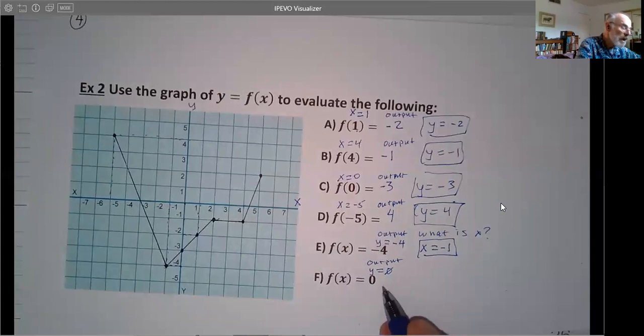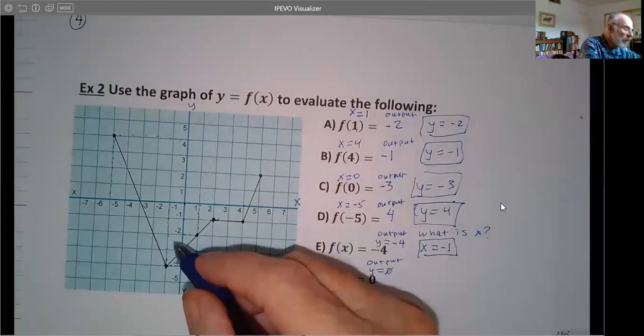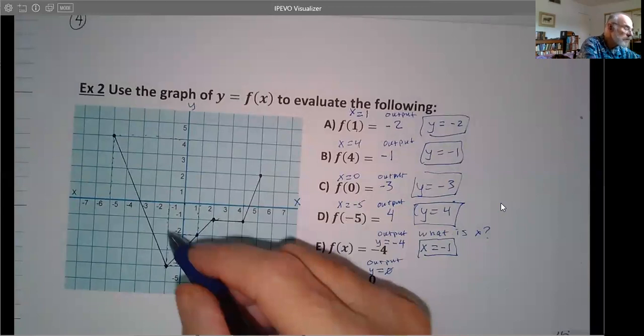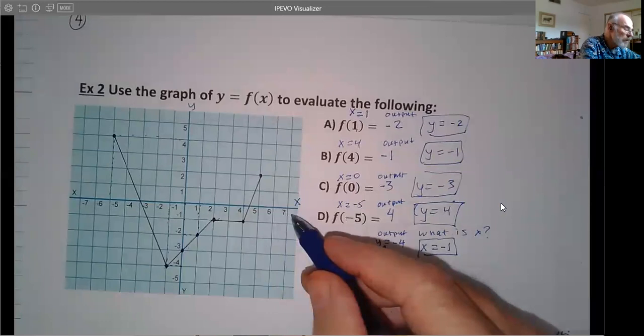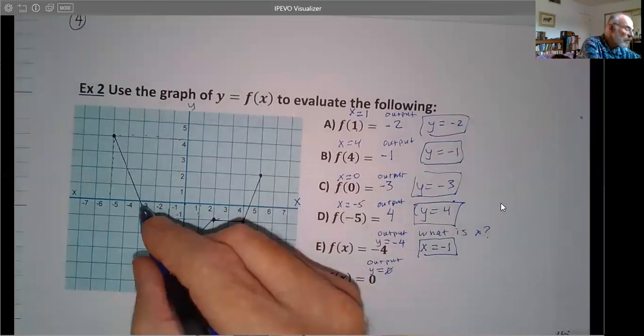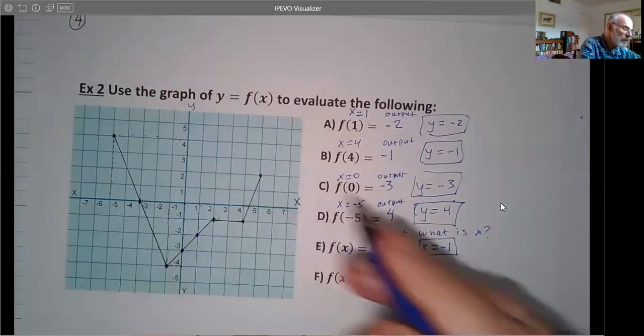It's just we know that this is the output we're starting with. So we're going to start with y equals 0. Okay, well, y is 0 anywhere along the x-axis, right? Anywhere along here, y is 0. So I notice that the line crosses the x-axis where y is 0 over here where x is 3.